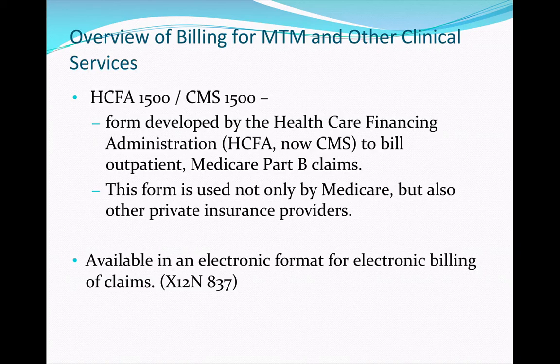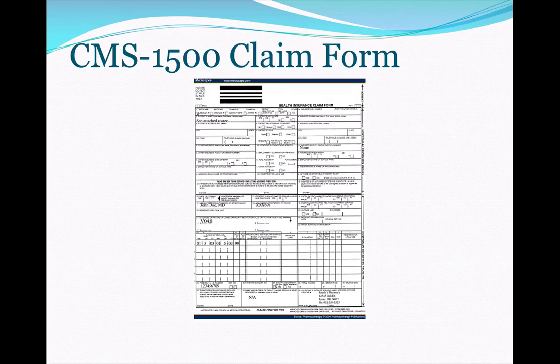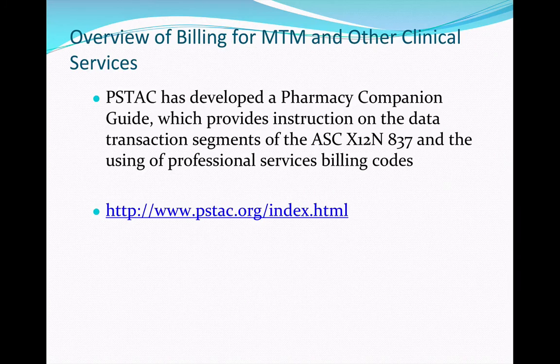So like I said, if we're ever going to get paid for clinical services, it's probably not going to come from the PBM side. It's going to come from the medical side, the Medicare Part B side. If you ever looked at a CMS 1500 form, there's an area where you'd put your CPT codes, your diagnosis codes. And like I said, this is pretty much done electronically.